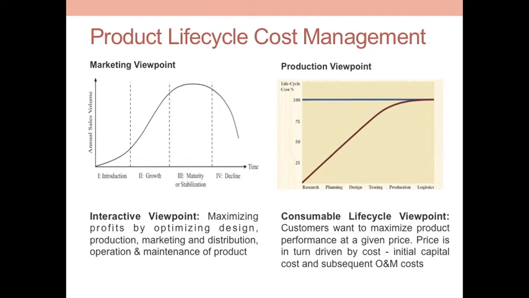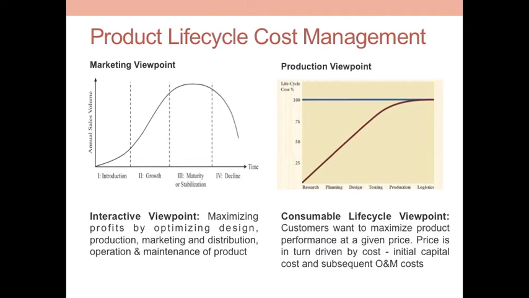Let's take a look at the concept of product lifecycle cost management. There are 4 different perspectives: marketing, production, consumables, and the interactive point of view that brings all of these perspectives together. Naturally, from a sales and marketing point of view, the objective is to maximize sales. On the other hand, guys in charge of production want to minimize cost.